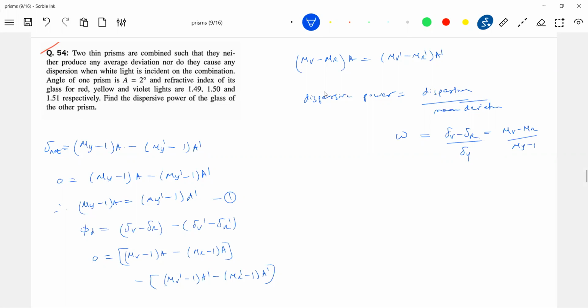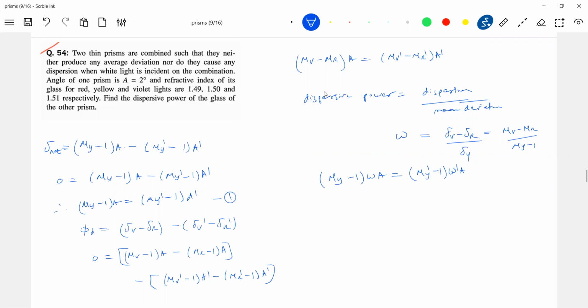Omega is what? We had a typical symbol. So what shall I do now? In place of mu v minus mu r, shall we write it and divide? I'll do one thing. Mu y minus 1 into omega into A equal to, this much we have here.